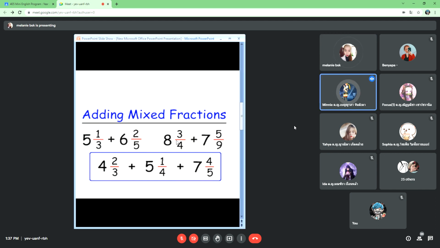Again, this is a mixed fraction. Mixed fractions are a whole number and a proper fraction. Oh, just a moment.